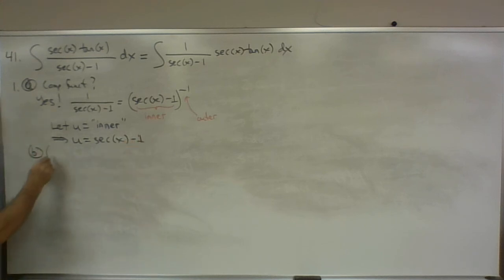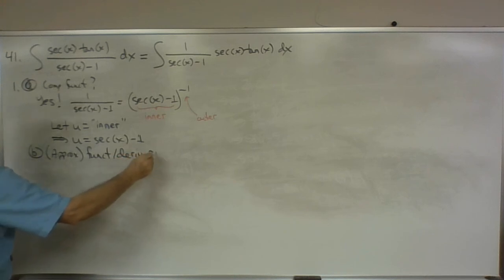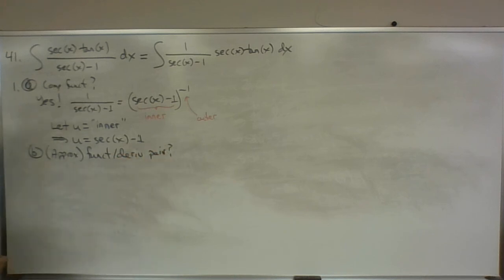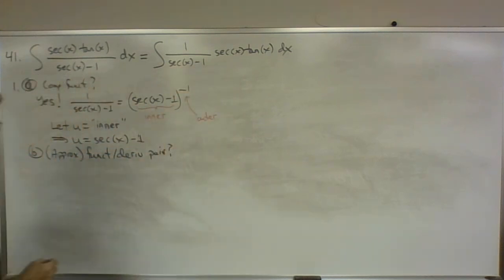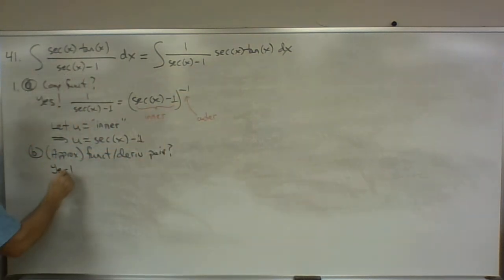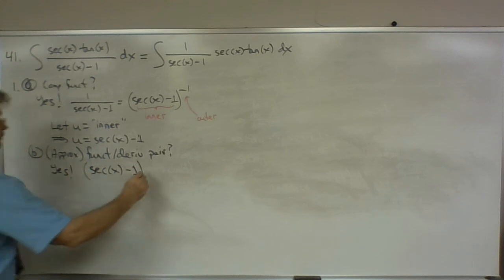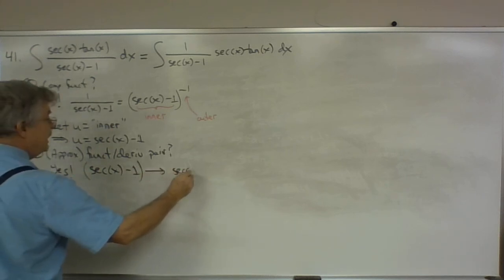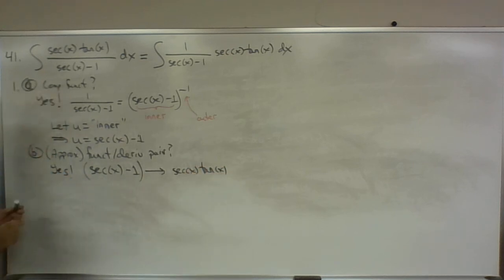And now what about a function derivative pair or an approximate function derivative pair? Well, we've seen that already. Secant x tangent x is the derivative of the denominator. We have that. And it's an exact function derivative pair. Secant x minus 1, that's the function. Secant x tangent x, that's the derivative.